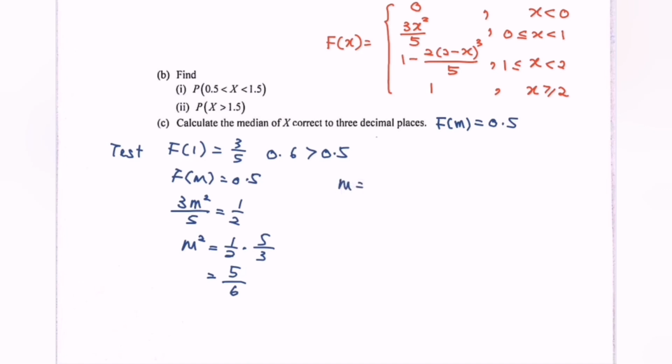So m equals the square root of 5 over 6, or m equals negative square root of 5 over 6. By referring to the domain, as we can see, the median is located between 0 and 1. So I'm very sure that m equals the square root of 5 over 6, or 0.913, which is our median. So here we are, and thanks for watching.